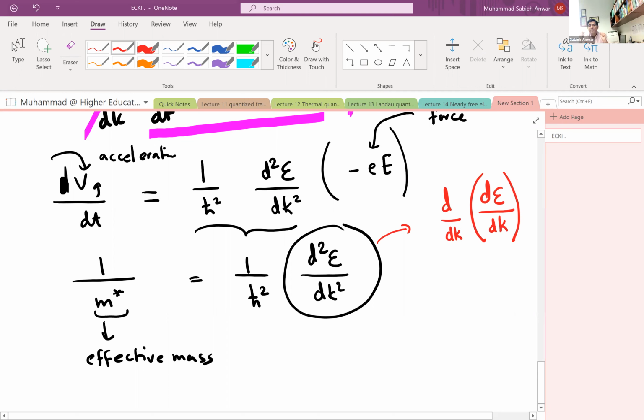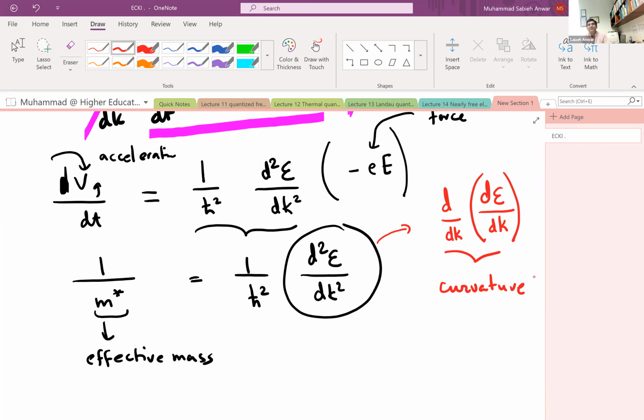That effective mass is given by some property of the dispersion relationship. In fact, the reciprocal of the mass is proportional to the curvature of the bands. This object here is called the curvature of the dispersion relationship. The double derivative is called the curving of the curving. So that's called curvature.